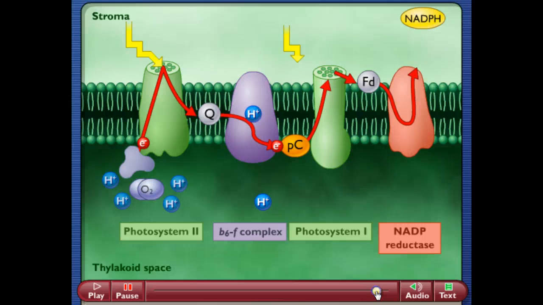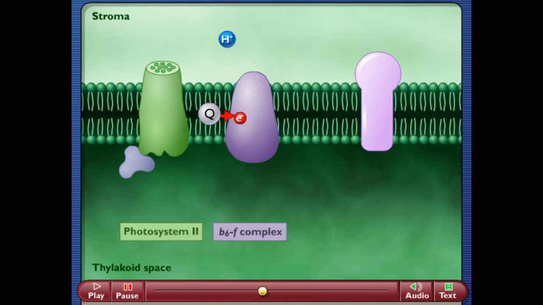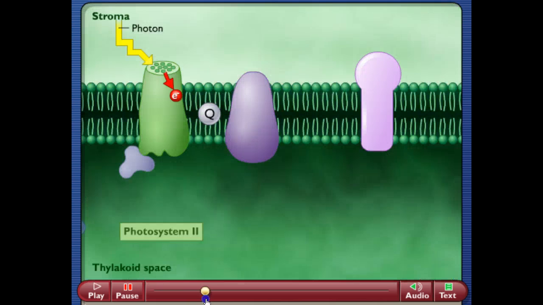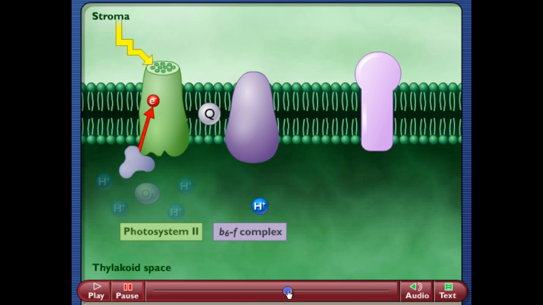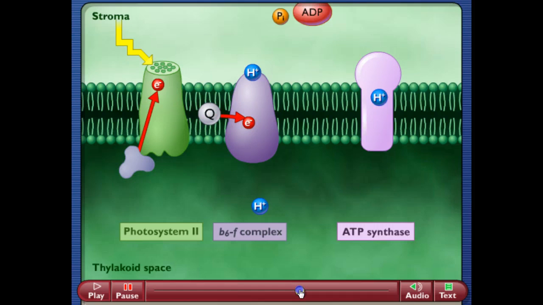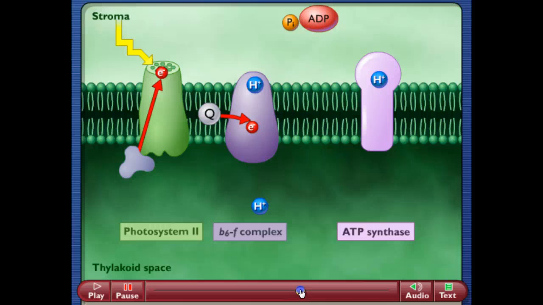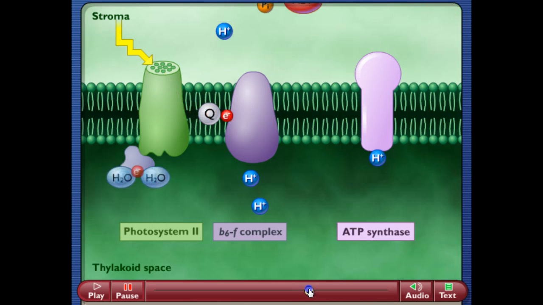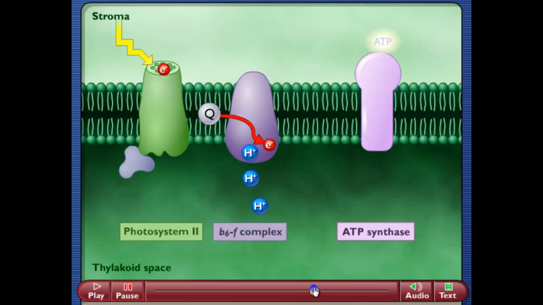All right, let's look at this whole process again. So our light strikes our photosystem 2, water split. All right, the original electrons now travel down the electron transport chain. Oxygen released into the atmosphere. Water replaces those electrons. All right, the b6f complex pumps in the hydrogen ions. And then ATP synthase uses those hydrogens to phosphorylate ADP into ATP.